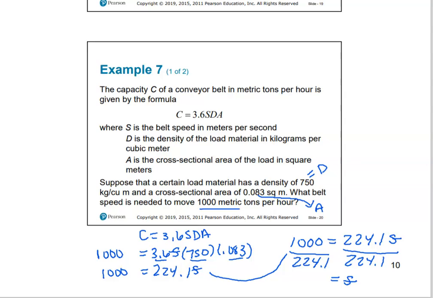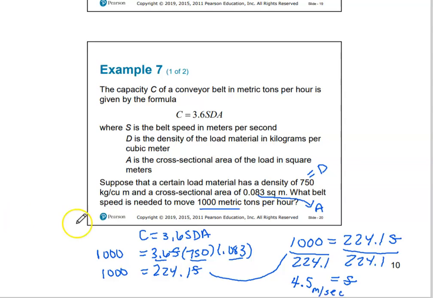I think I'm going to go by the main one in the problem, which is two significant digits. So I would think that they probably want you to round to 2 decimal places. So I'm going to say 4.5 because it was 4.46. So 4.5, and that answers my question of the belt speed in meters per second. So we're going to get 4.5 meters per second.